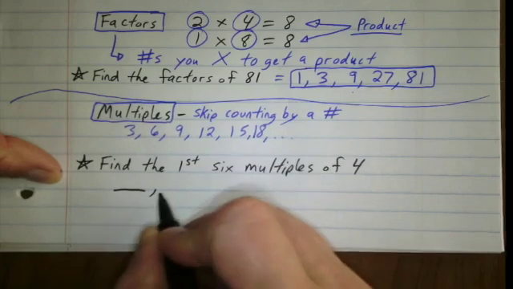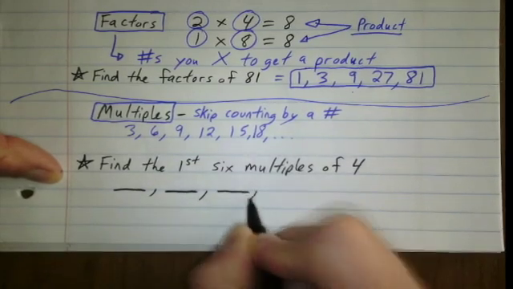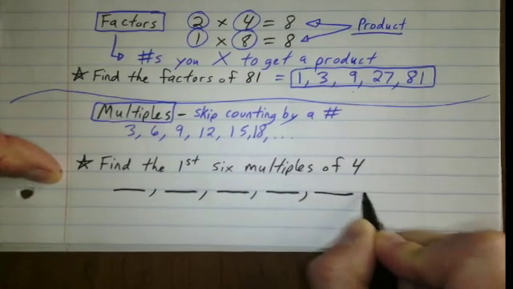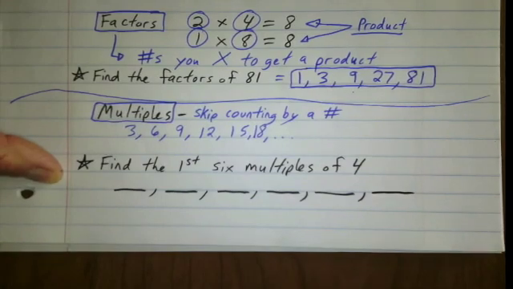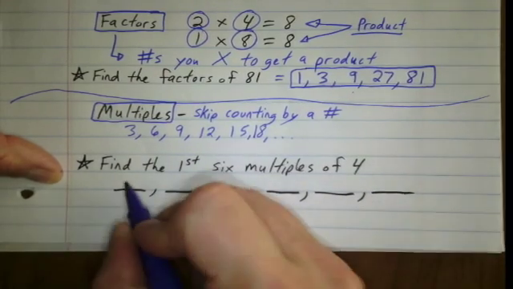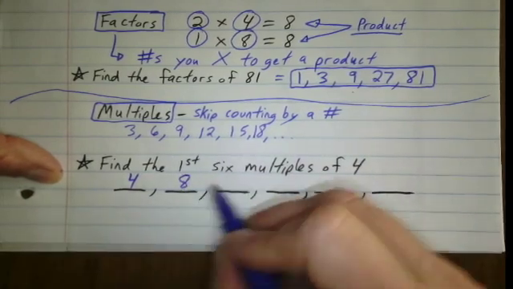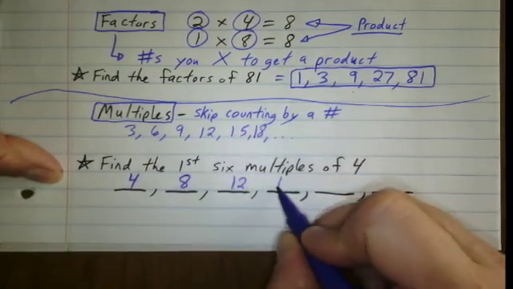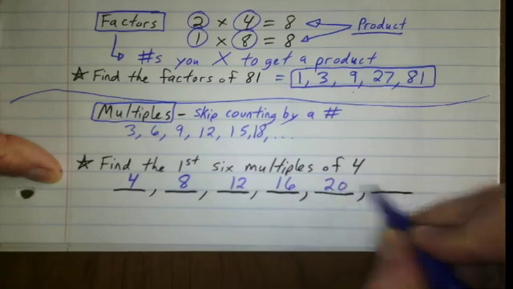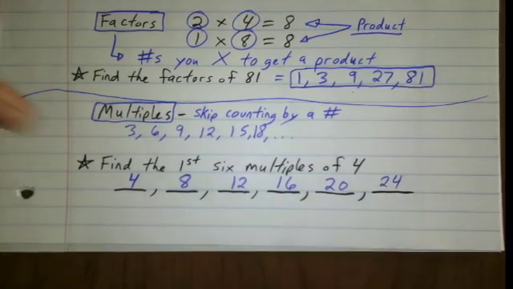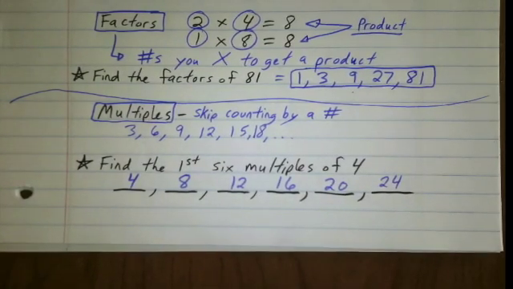So I'm going to put 6 blanks here. 3, 4, 5, 6. In other words, you always start with the number I'm asking in multiples, 4. And if you're skip counting by 4s, then you're going to have 8, 12, 16, 20, 24. And we are going to stop there for our notes for today on this page 6.